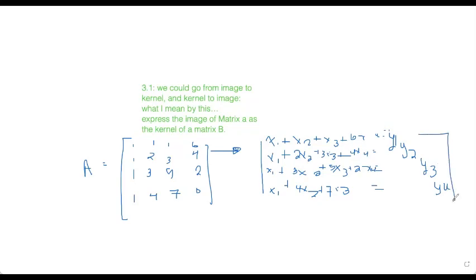Okay. So then you reduce your rows. I'm going to clear all of this. And you end up with x1 minus x3 plus 8x4 equals 4y3 minus 3y4.